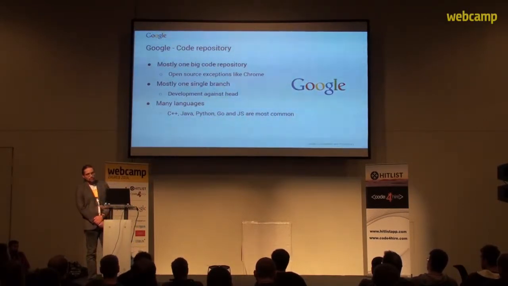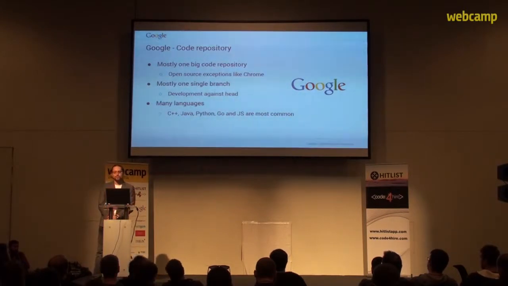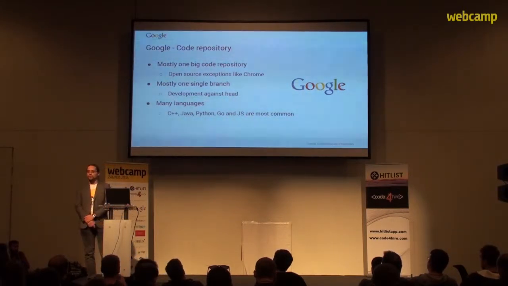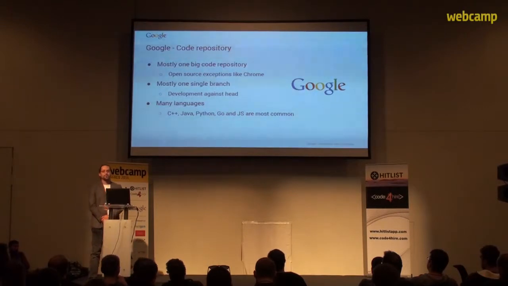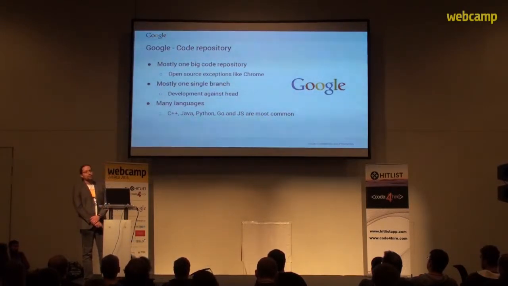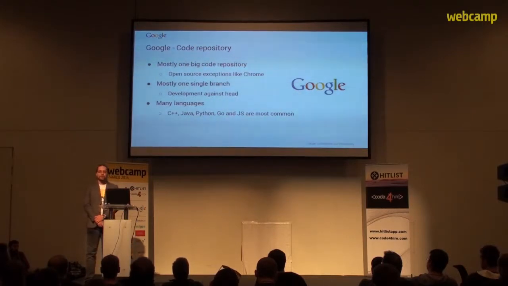There are small, well, maybe not so small, exceptions like Chrome and Android, because they are open source and have their own open source repositories. But the rest of the code lives in this gigantic repository spanning millions of lines of code, which is accessible to every single engineer.